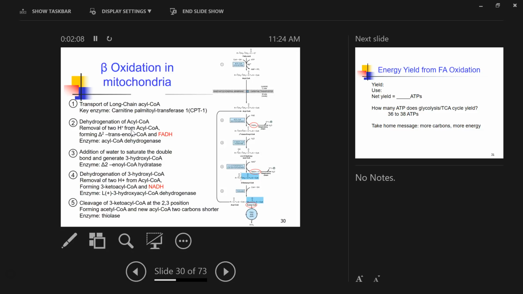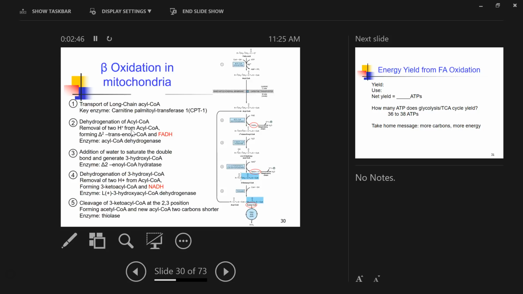Number 44. Liver mitochondria contain which key enzyme that plays a critical role in ketone body synthesis? Actually, 2 enzymes. I'm asking you to remember the common pathways for both ketogenesis and cholesterol synthesis, and 2 enzymes involved in ketone body synthesis, HMG-CoA synthetase and HMG-CoA lyase.